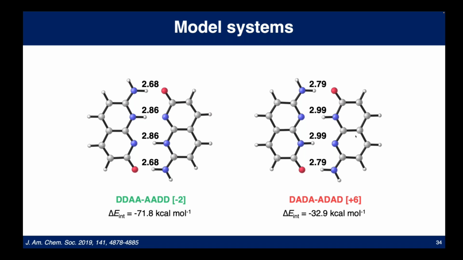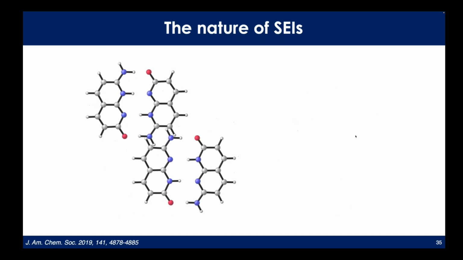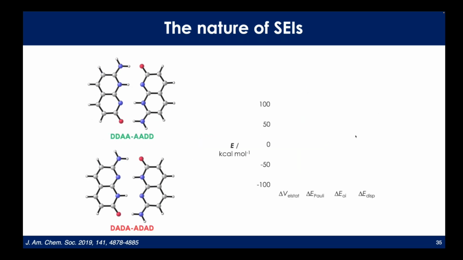But before doing that, I want you to see that the green one, DDAA, has much shorter hydrogen bonds than the DADA. So if you do an energy decomposition analysis on these systems, you will find that all the terms are larger for the green one, DDAA, because it has shorter distances.